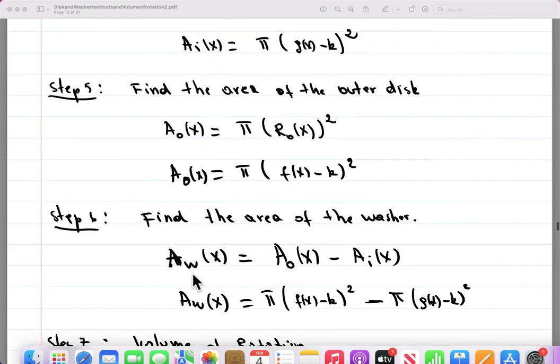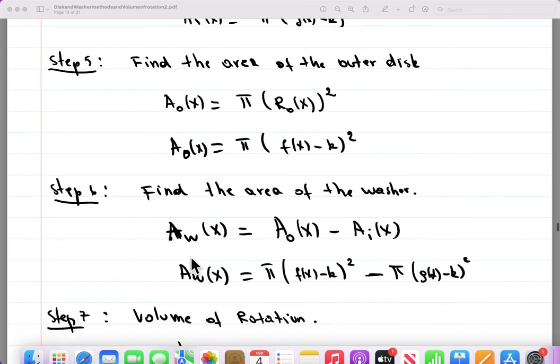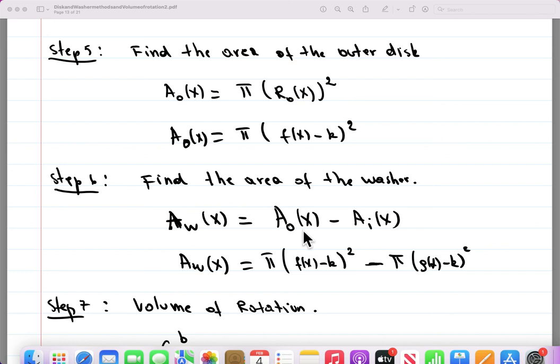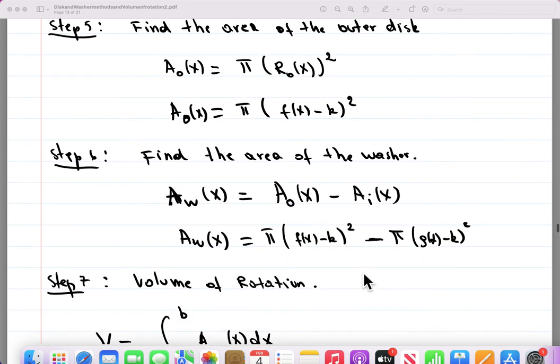So S sub W, where W stands for washer, the area of the washer, is therefore the outer area minus the inner area.